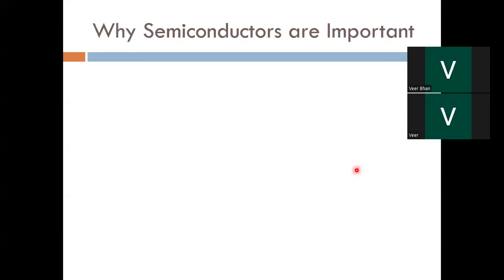Now, why are semiconductors important? This is another question. In order to realize this, let's have a look at the applications or the usage of semiconductors in different devices or components.